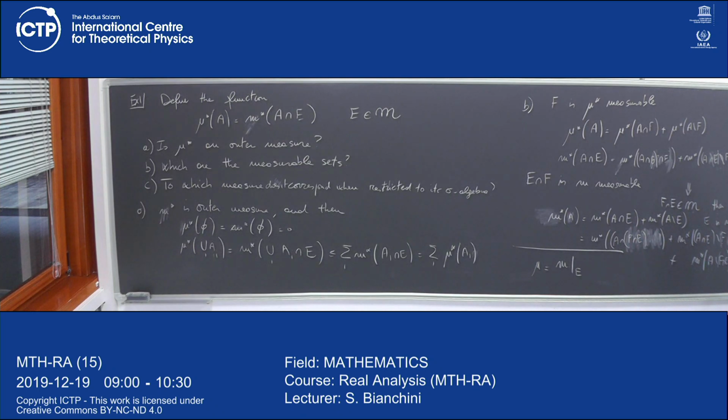Okay? Because you write, so mi of any set, let's say F. Okay. F now is measurable. So it's mi of F intersection E plus mi of F minus E. And now you apply the definition. So here, this is equal to M star, because it is mi restricted to the set.